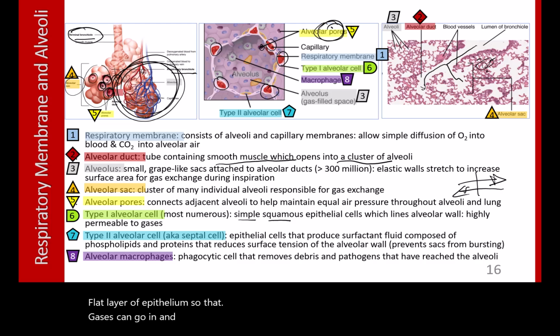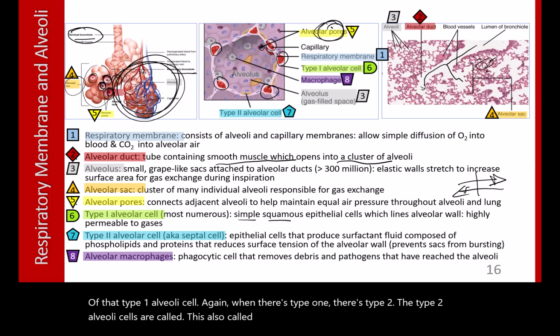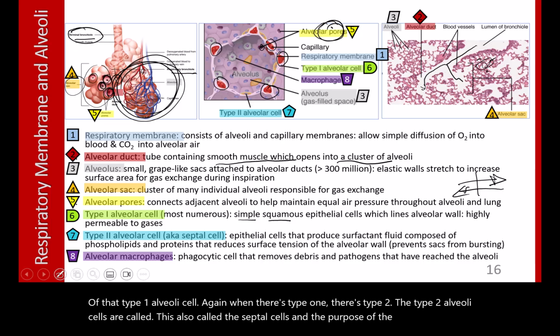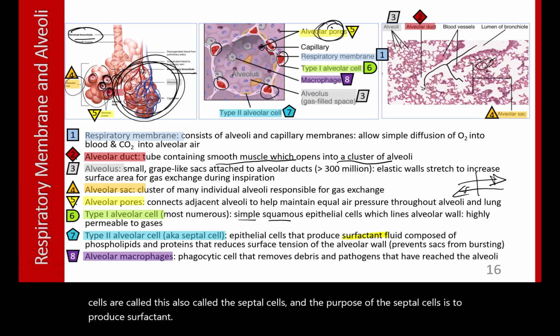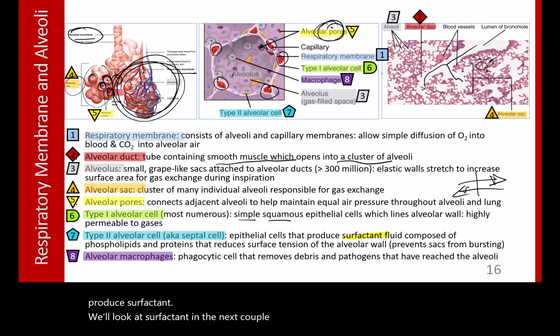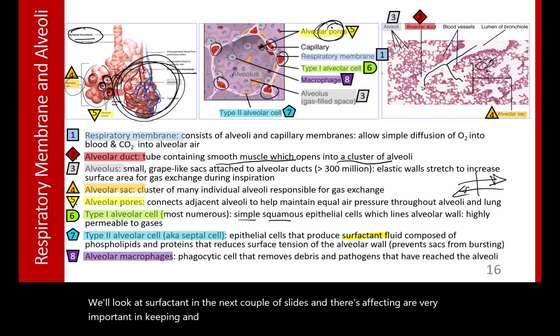Again, when there's type 1, there's type 2. The type 2 alveolar cells are also called septal cells, and their purpose is to produce surfactant. We'll look at surfactant in the next couple of slides. Surfactant is very important in allowing the alveolus to open again so that gas exchange can happen.